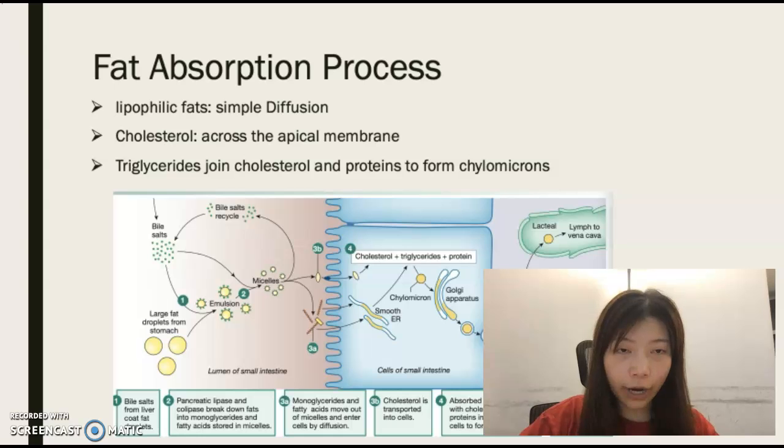The triglycerides then join cholesterol and phospholipids and proteins to form large droplets called chylomicrons. Because of their size, chylomicrons must be packaged into secretory vesicles by the Golgi. The chylomicrons then leave the cell by exocytosis.